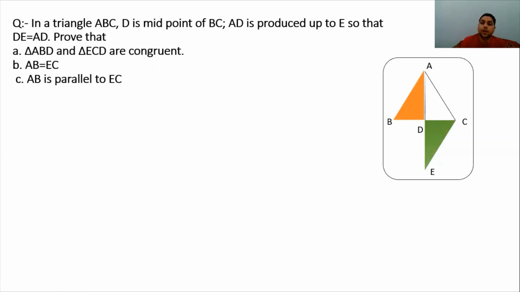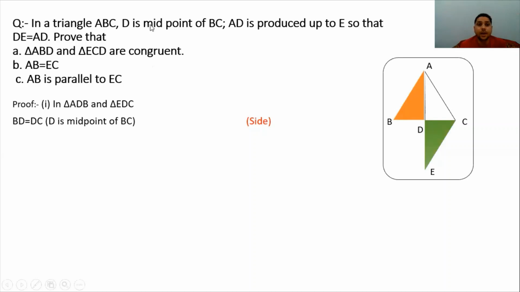We'll proceed with these two triangles. In these two triangles, it is given that D is a midpoint of BC. Since D is the midpoint of BC, the distance from B to D and D to C is equal. So BD is equal to DC.